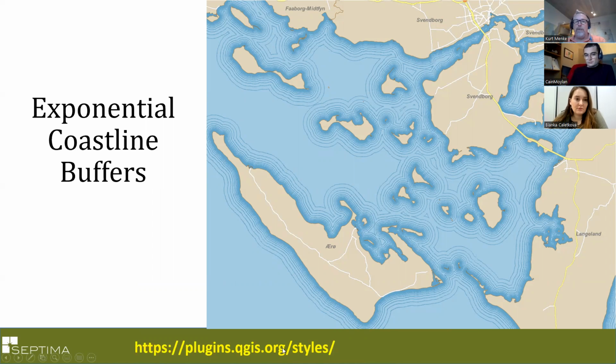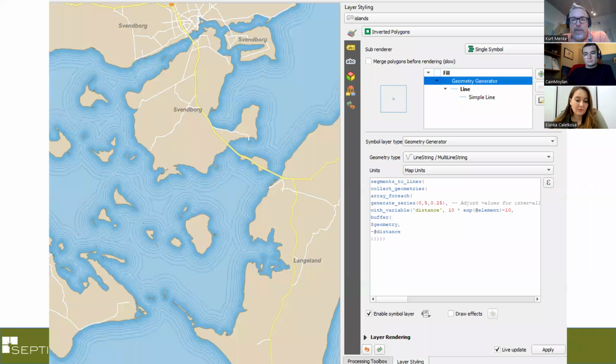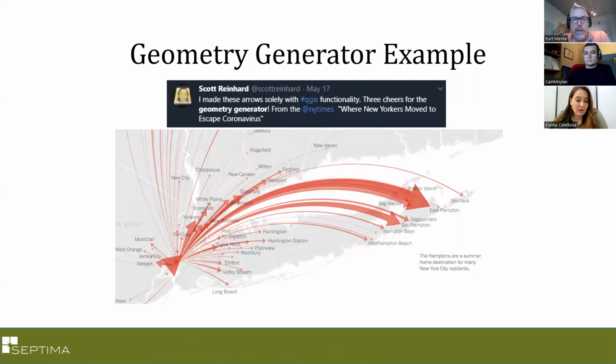There is a style for these exponential coastline buffers that you can download, and you have to tweak some of the numbers in the geometry generator depending on what coordinate system your data is in. But you can get a lot of the logic immediately from that. This is the expression that's used here. This one is quite complex, but we're going to start with some basic ones so you kind of get a feel for how it works.